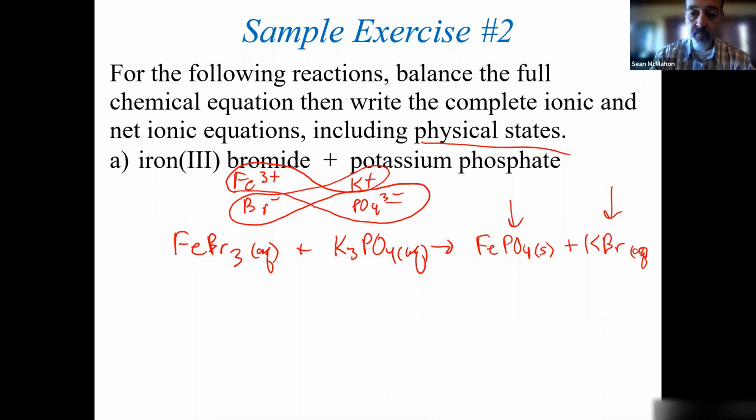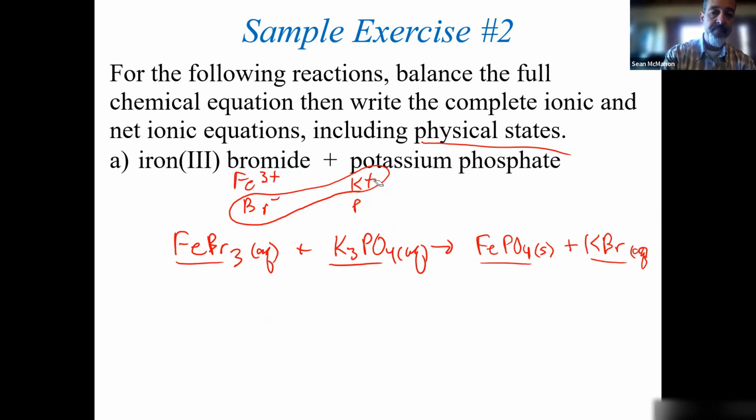So that's my solid. So in this double displacement reaction, right, because that's what this is, 2 salt solutions combining to form a precipitate, right? Compound, compound, new compound, which is a precipitate, new compound. I just wrote out my molecular equation.